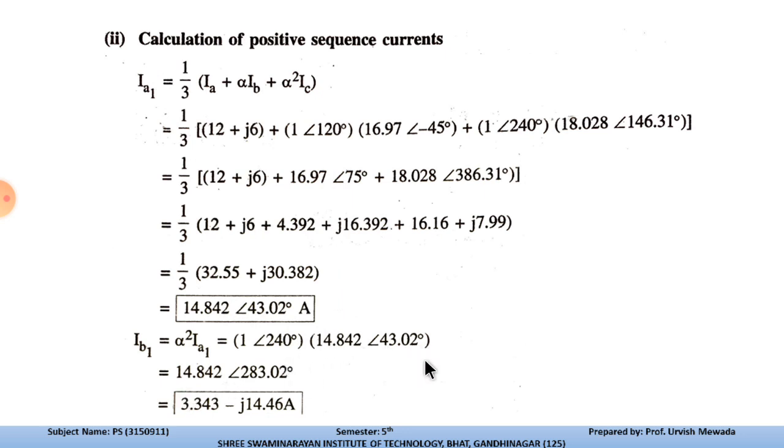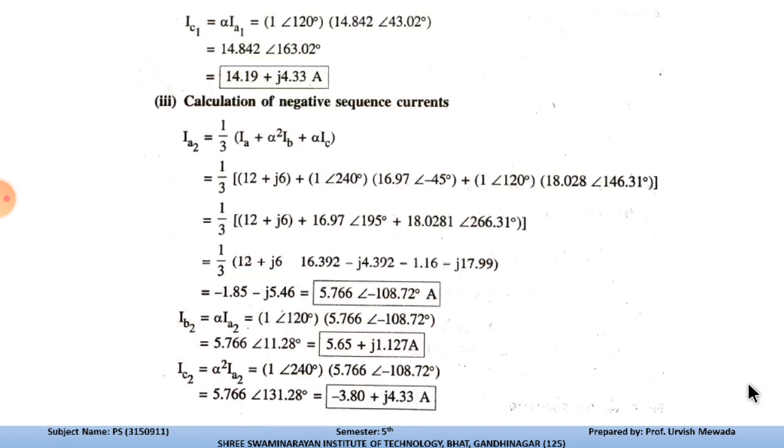After solving these two, we have the value in R angle theta form, that is 14.842 at angle 283.02, and the A plus JB form of this IB1 is 3.343 minus J14.46 ampere. Now from the value of alpha IA1, we can calculate the value of IC1.